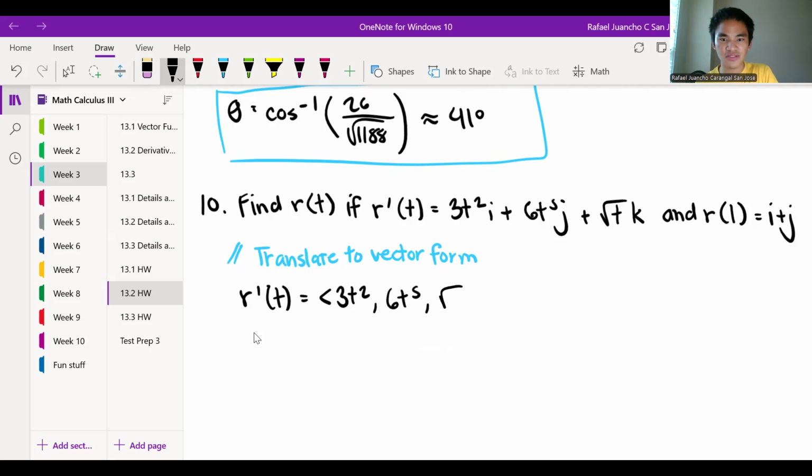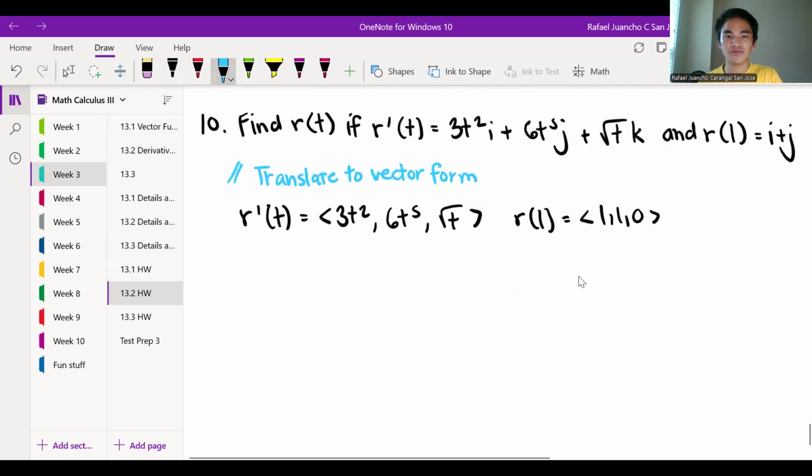This is also for my sake, I'm just translating everything to vector form. Also this r of 1, which is i plus j. So that's basically 1, comma 0, comma 0. I'm going to add that to 0, comma 1, comma 0. So that's 1, 1, 0.